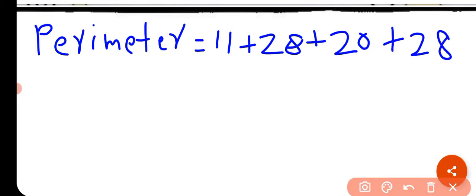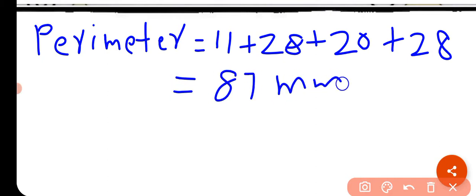Okay. 11 plus 28 plus 20 plus 28, which is equal to 87 millimeter. Since the lengths are in millimeter, our perimeter also in millimeter.